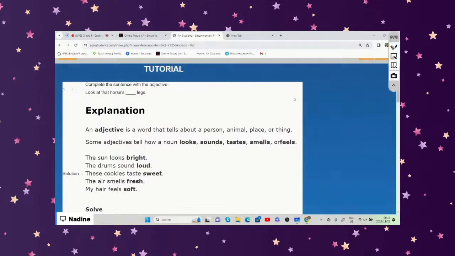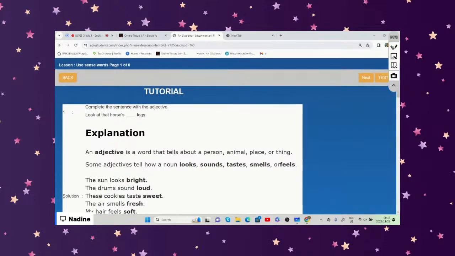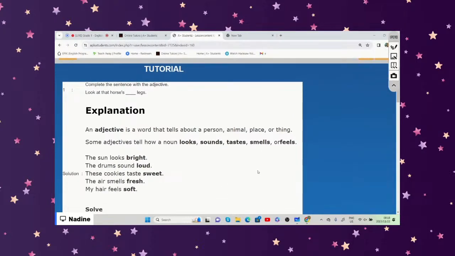It says, look at the horses' legs. We need to describe a horse's legs.